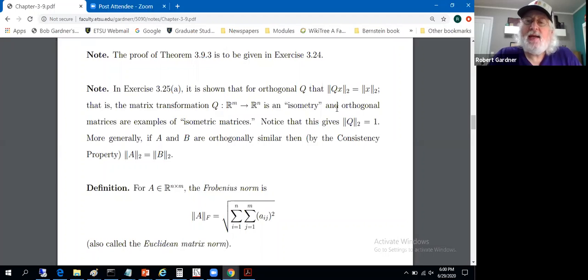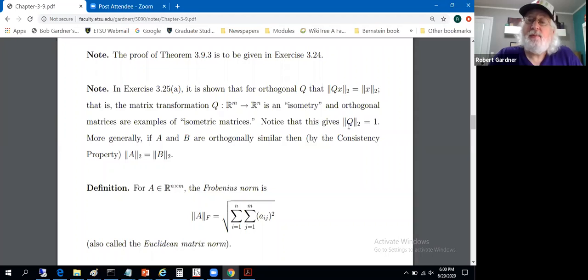If we were to calculate the L2 matrix norm of Q, taking a sup of this divided by the L2 norm of X, we divide both sides by this L2 norm of X. On this side, you get a 1 on the right-hand side.